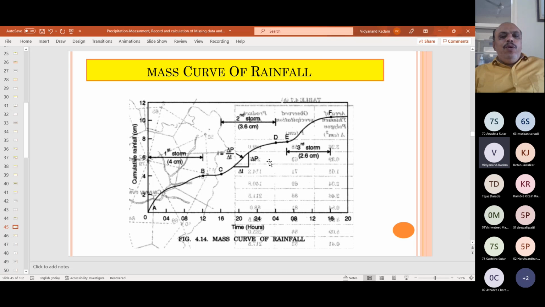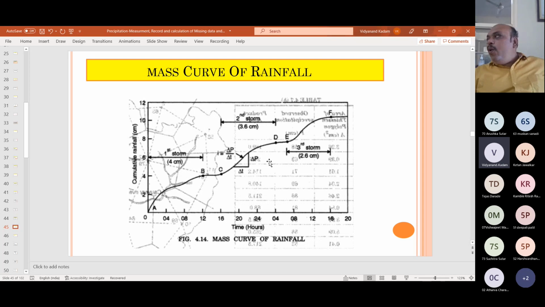Suppose from 0 to 4 hours, cumulative rainfall is 2 centimeters. Cumulative is total, so during these 4 hours, total rainfall is 2 centimeters. Then from 4 to 8 hours, suppose rainfall is again 2 centimeters. So cumulative rainfall up to 8 hours is 4 centimeters.